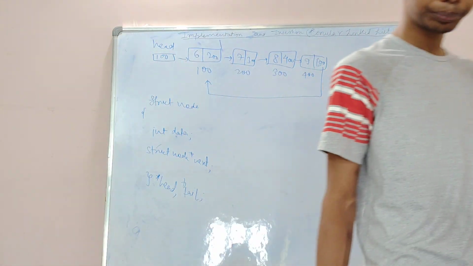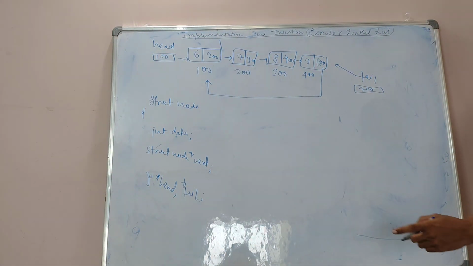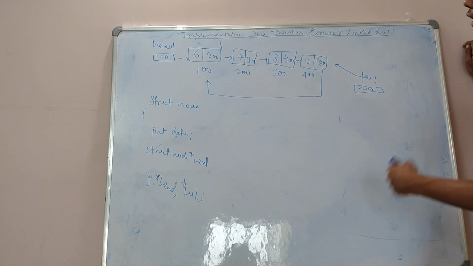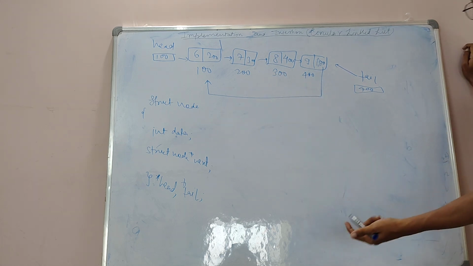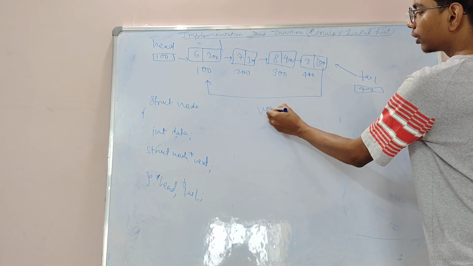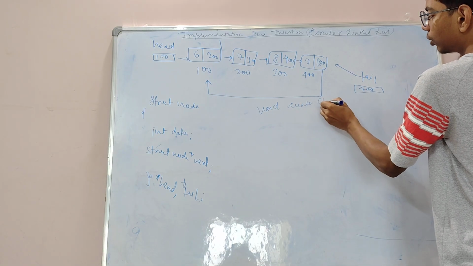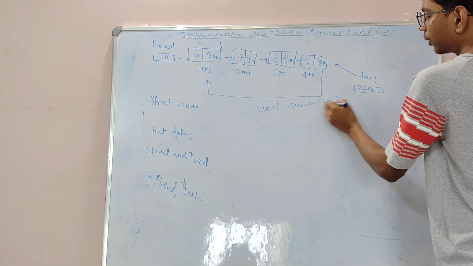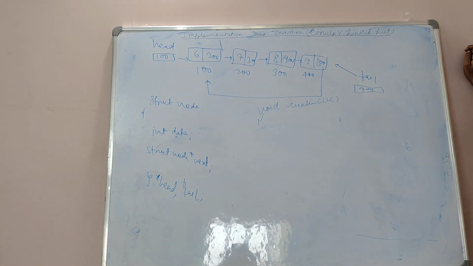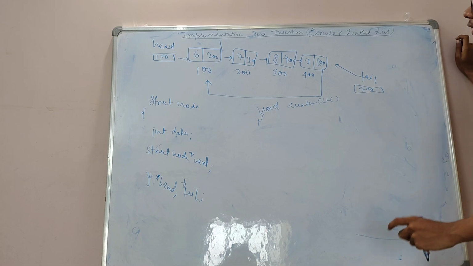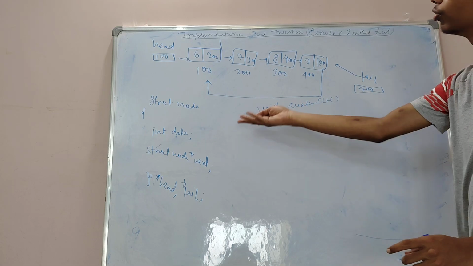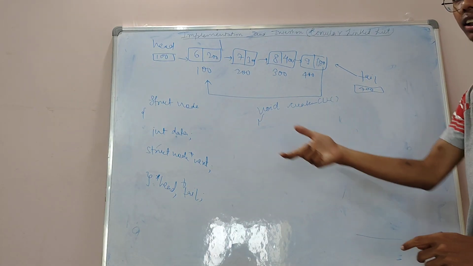Now what I will do, I will write a code for creating my circular linked list, right? Suppose I will write a function void create circular linked list, right? And the code for this will be, first of all I will create nodes one by one running in a loop.